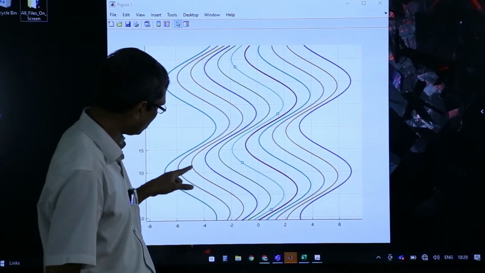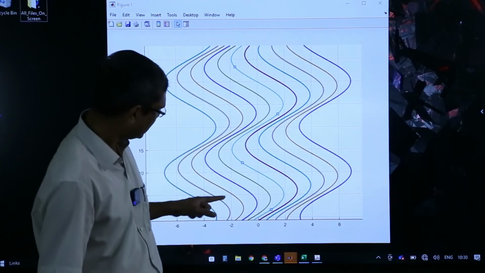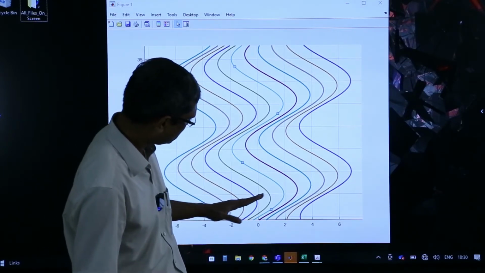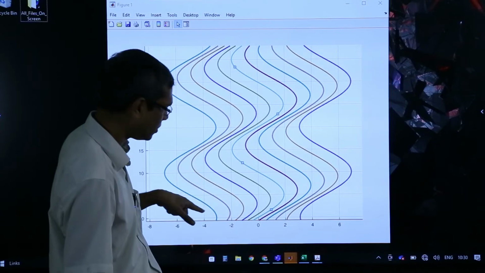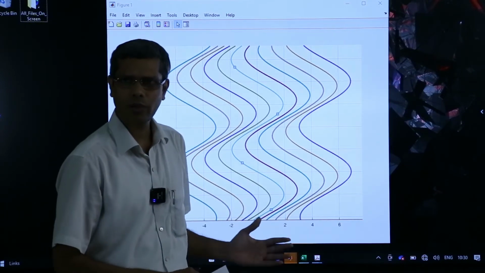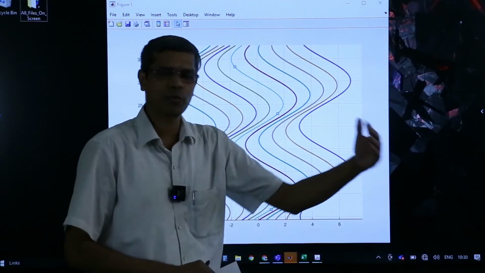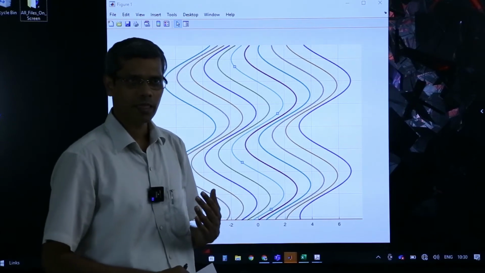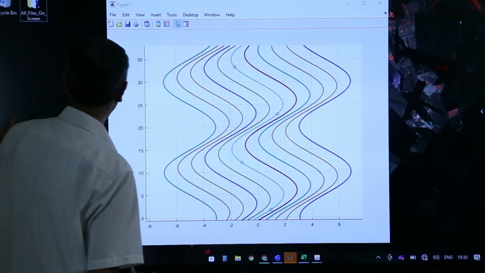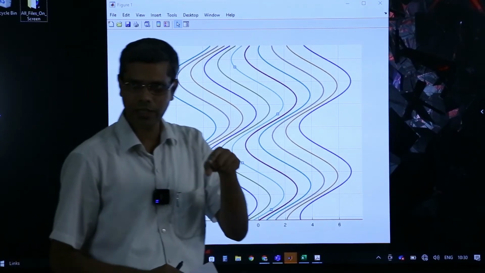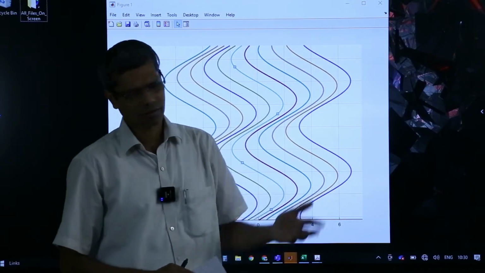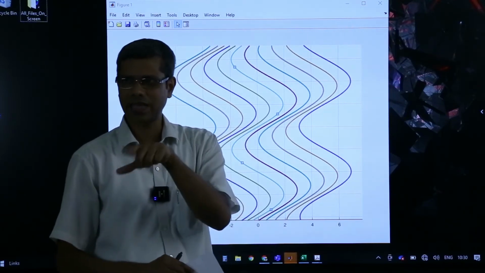-2 is moving with respect to time like this. And see the slope of the peaks, that is coming because the wave is propagating, isn't it? If you remember, the equation was A sine of omega t minus k x naught.